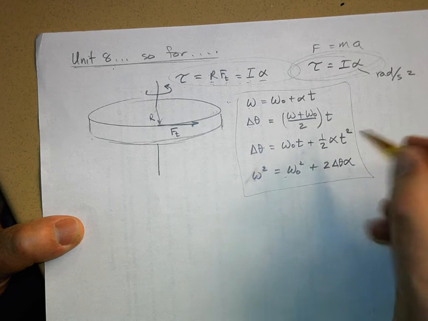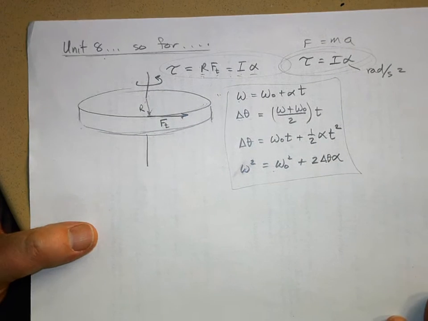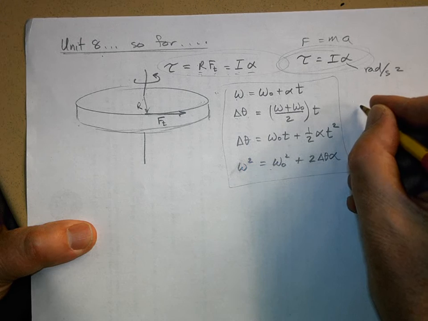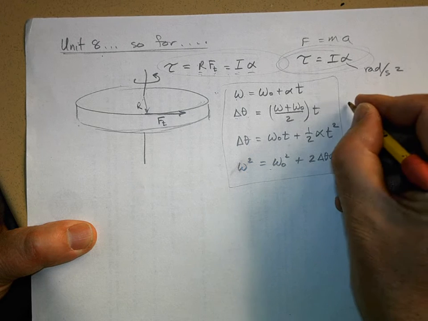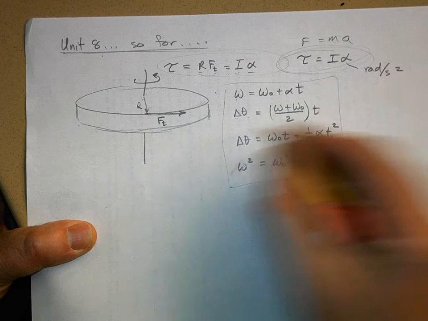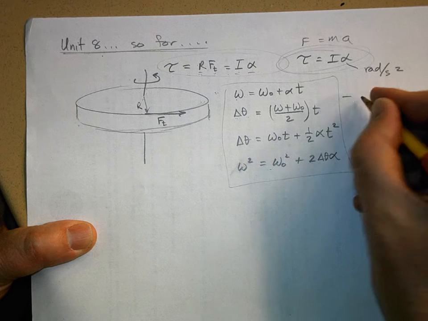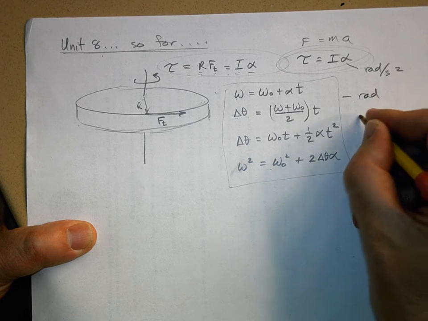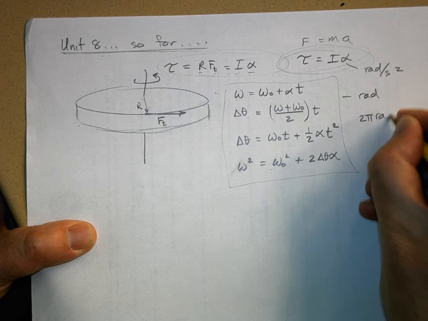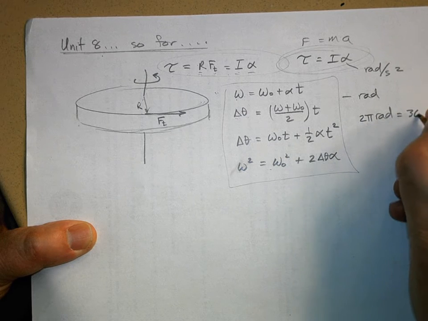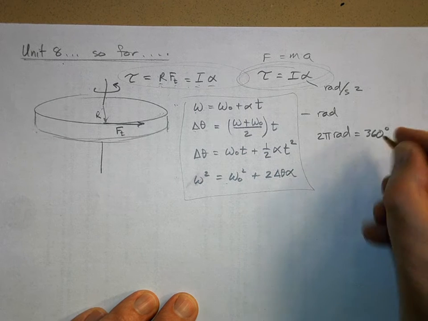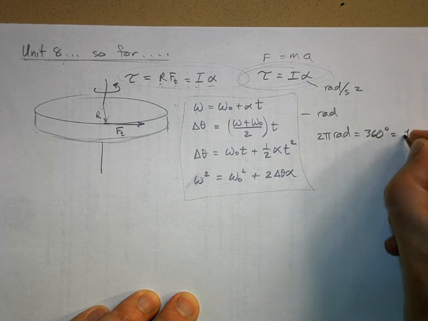But you can convert it to the other ways of measuring angle, and we have a unit conversion for that. Like this all can be in radians, or it can be in degrees. Well, let me just say 2 pi radians is equal to 360 degrees, and this is equal to 1 revolution.